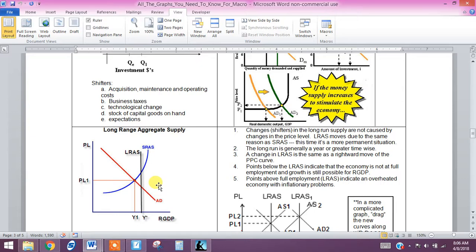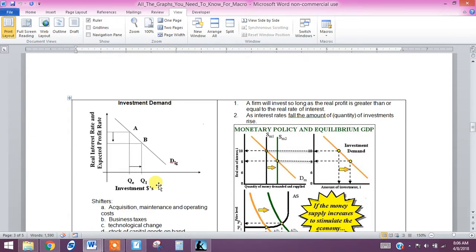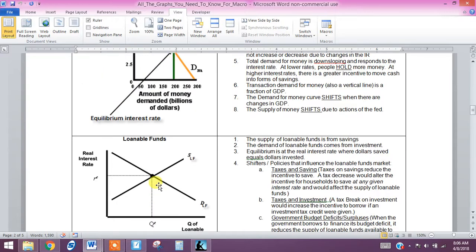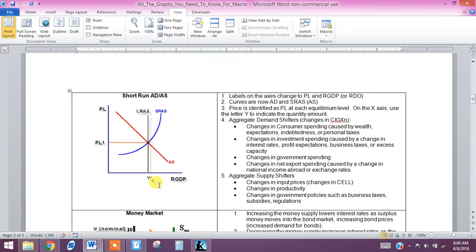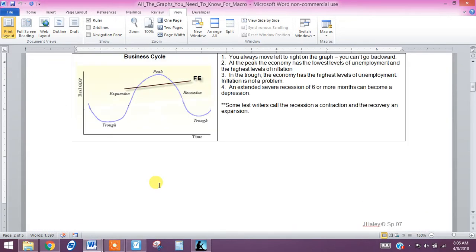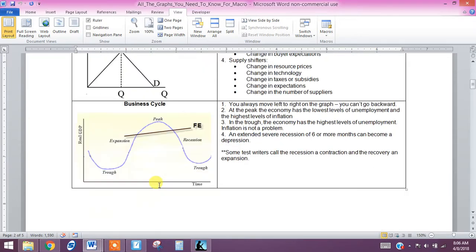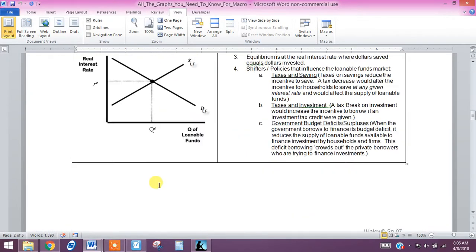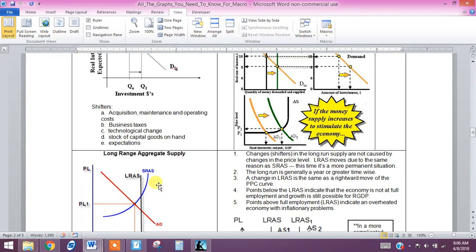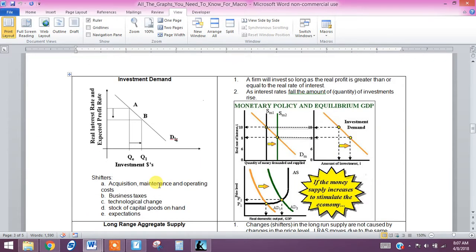Now the one we want to do is the money supply.